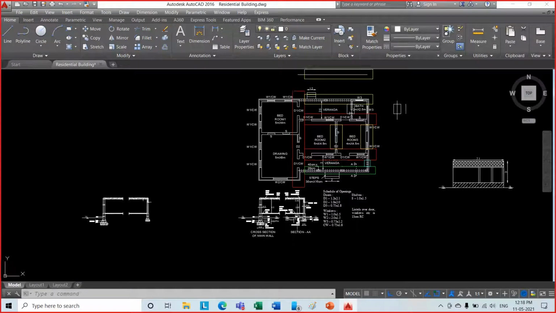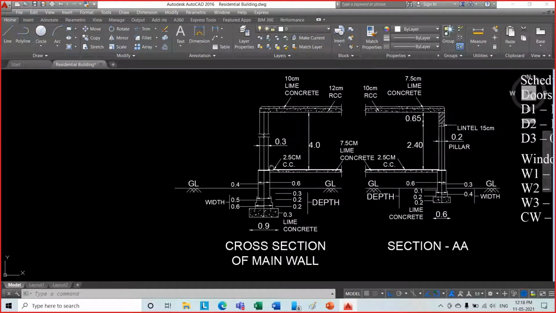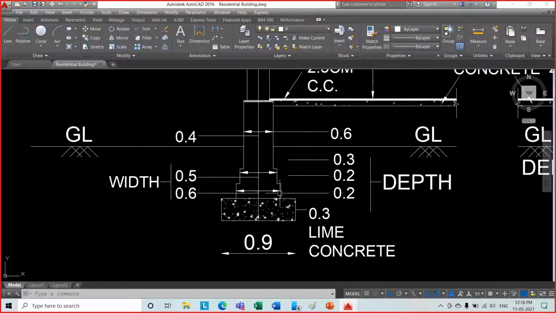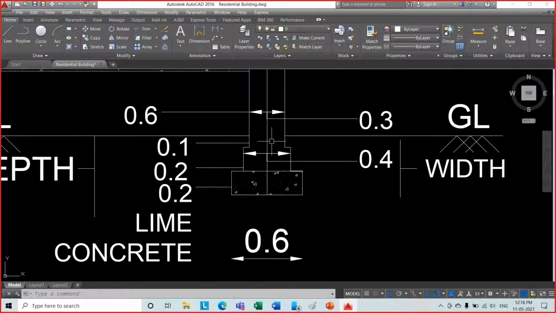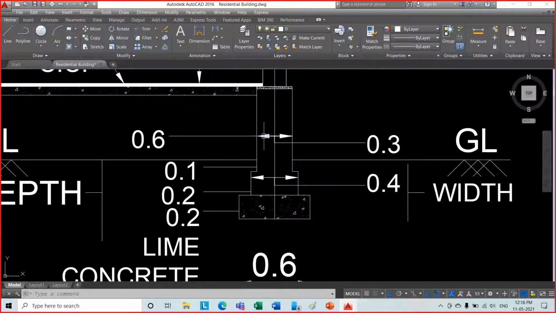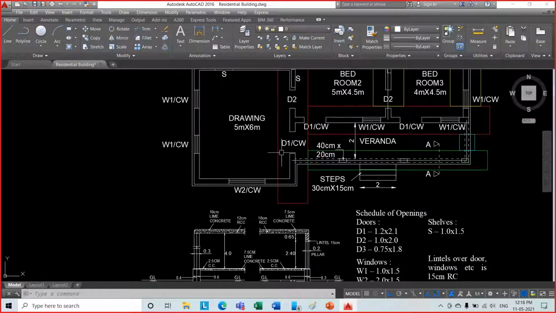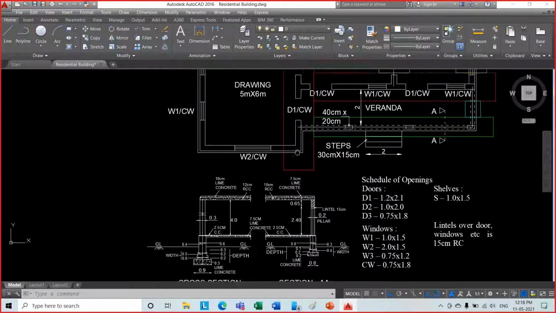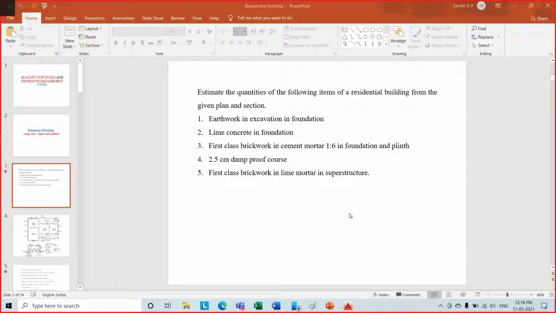When I talk about foundation and plinth, if we consider the main wall, that is 30 centimeter thick wall, we have first layer of footing, second layer of footing and plinth. When we consider the partition wall, we just have one layer of footing and over which we have directly the plinth. So we have to do the calculation separately as we have done for lime concrete and excavation, separately for main wall and separately for partition wall.